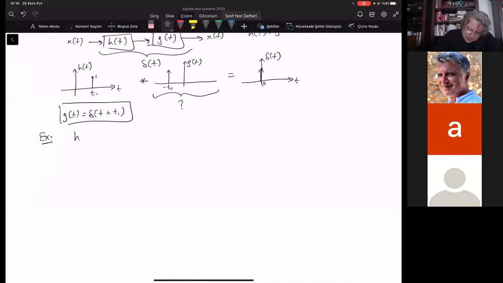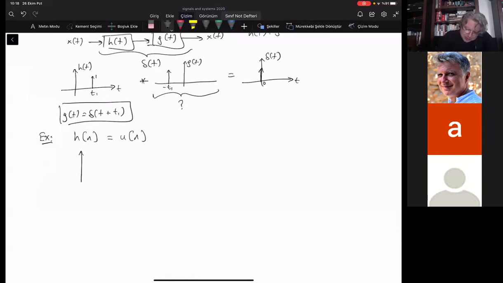So if you have h of n, for instance, equals u of n. By the way, this is an unstable system, right? We have detected it to be unstable. But does it have an inverse? What's the inverse of this operation? Convolution with u of n.